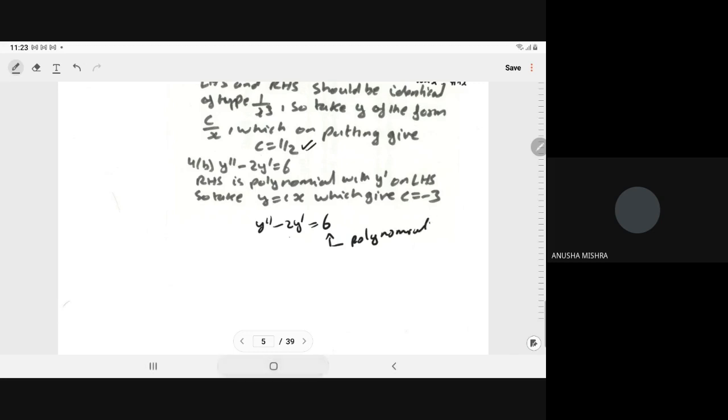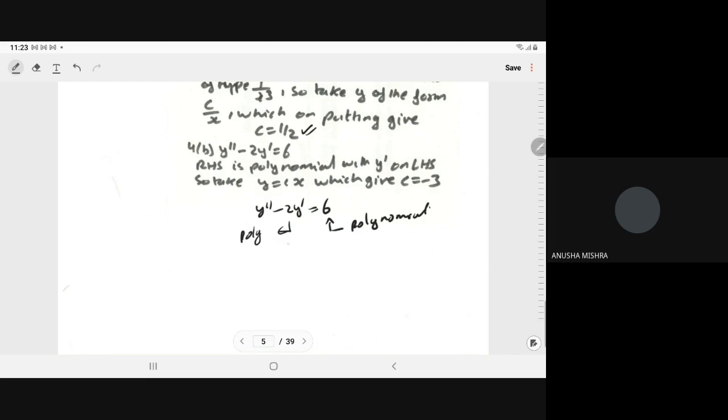It is polynomial. It means the right hand side should also be a polynomial. Then you can compare polynomial equal to polynomial. So for that, what can we do? If you take y is equal to cx, then y dash is equal to c, and y double dash is equal to 0.